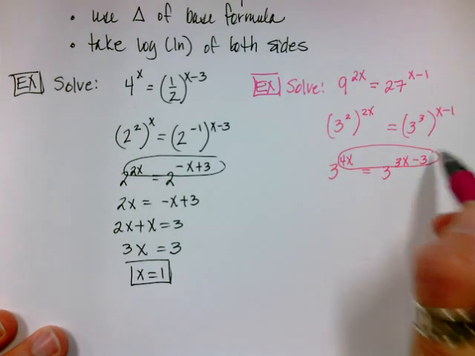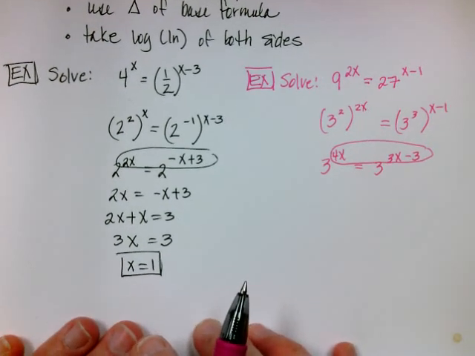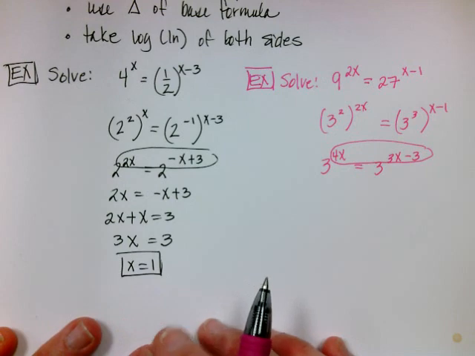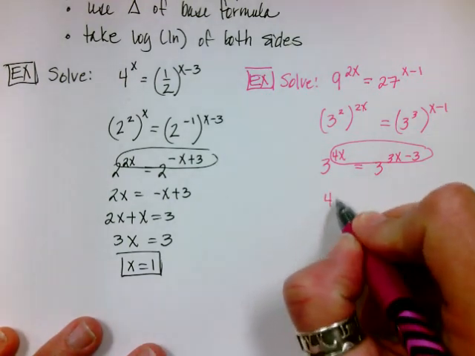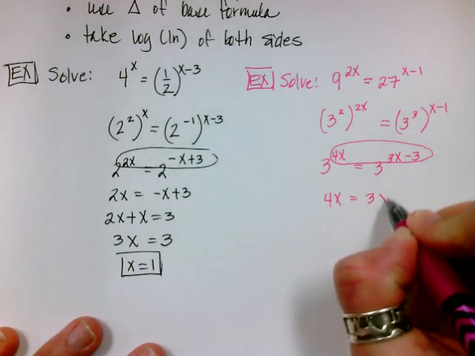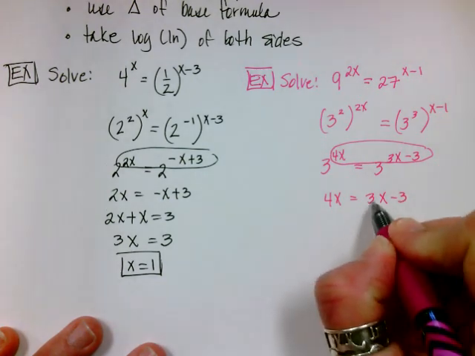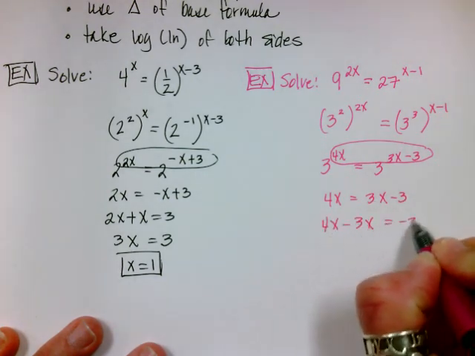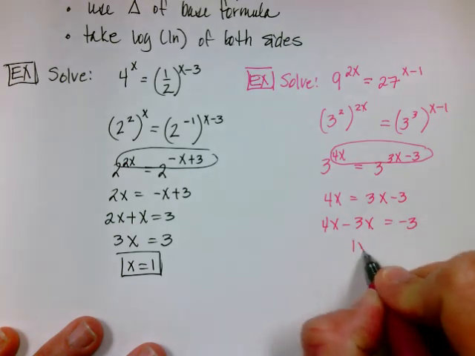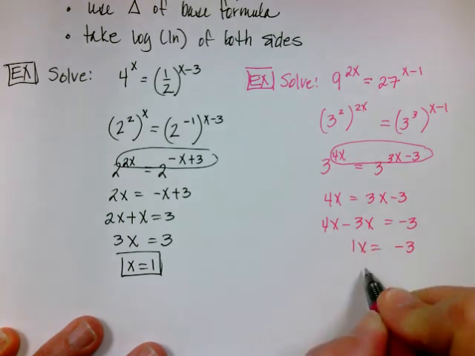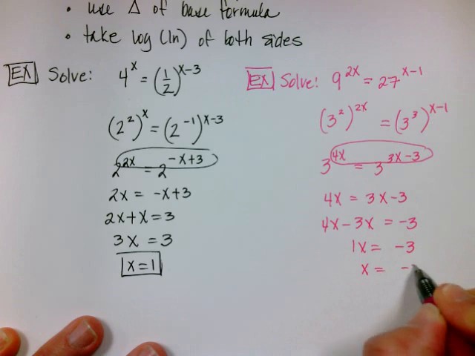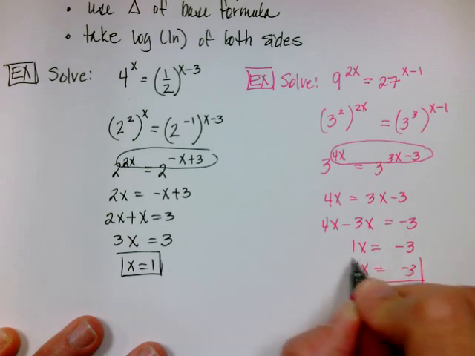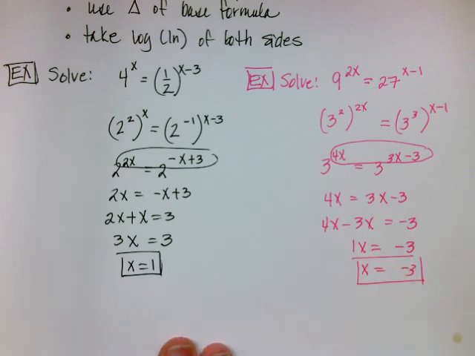I can solve that baby equation at the top. So I'm going to do 4x is equal to 3x minus 3. Subtract 3x from both sides. So I get x is equal to -3. And there's that one.